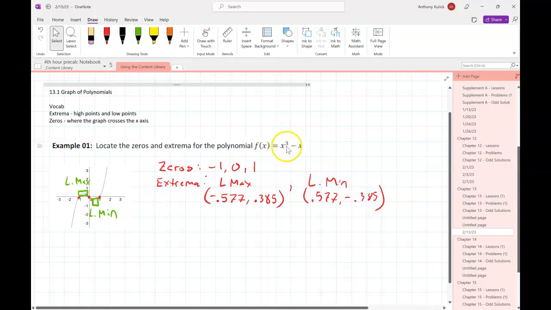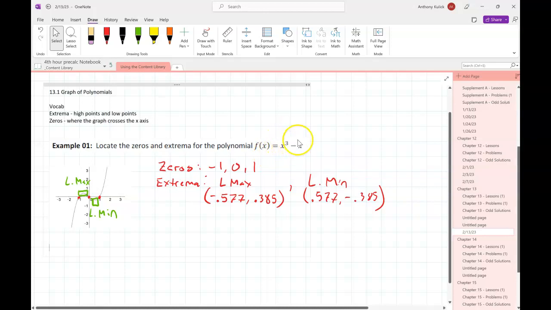The degree is 3, and how many extrema do I have? 2, right? I have a local max and a local min. So what might we think is the relationship between the degree and the number of zeros? In this example, we saw the degree was 3 and the number of zeros was 3. It's the same. Okay, almost correct.